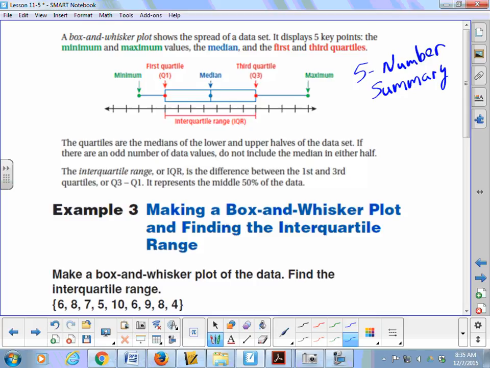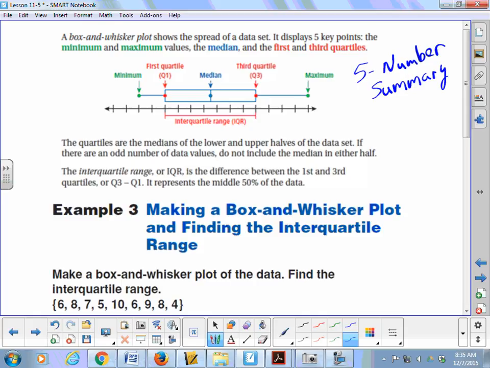So we need to know the min and the max, the median, and then the first quartile and the third quartile. Those are the 5 numbers for the 5-number summary. And also we're going to find what's called the interquartile range, the IQR. The interquartile range is basically the length of the box.